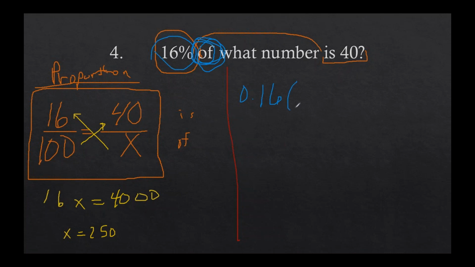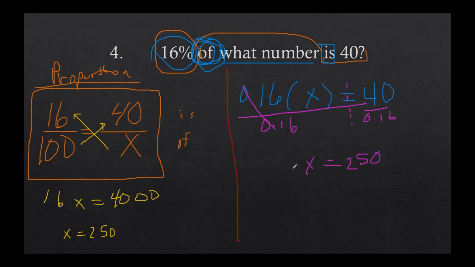So we take 0.16 and multiply by what number, which is my x. "Is" means equals, and then lastly we have 40. So we have now written that as a sentence. Now we want to get x by itself, so we divide both sides by that decimal, 0.16, and we end up with x equals 250. So you get the same answer either way.